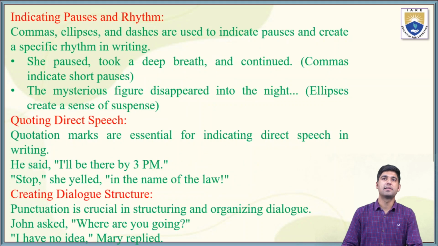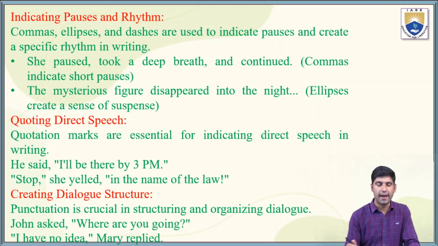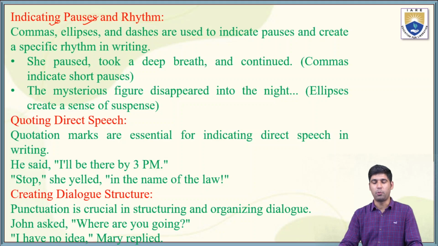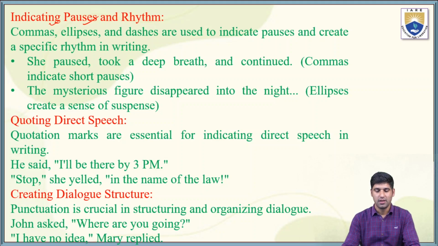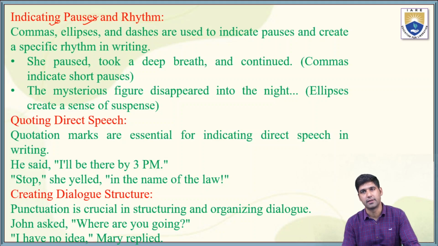Then the next point is indicating pauses and rhythm. Commas, ellipses, and dashes are used to indicate pauses and create a specific rhythm in writing. We have some punctuation marks like the comma, ellipses, and dashes. They are used to indicate a pause, to stop, and create a specific rhythm in the writing.